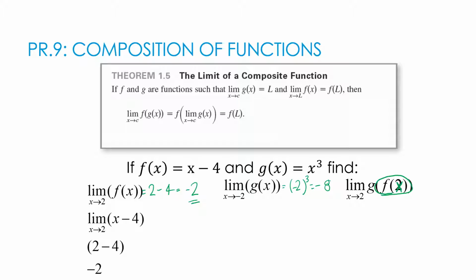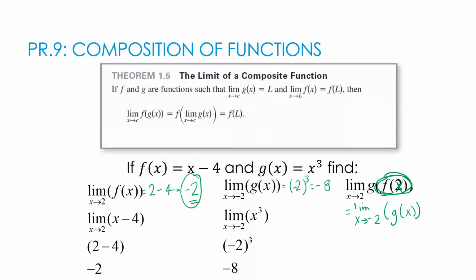So we're really finding the limit as x approaches 2 first of f of x. And that limit, as we already determined, was negative 2. So essentially what that's telling me to do is, at the next step, find the limit as x approaches negative 2 of g of x. Again, why negative 2?